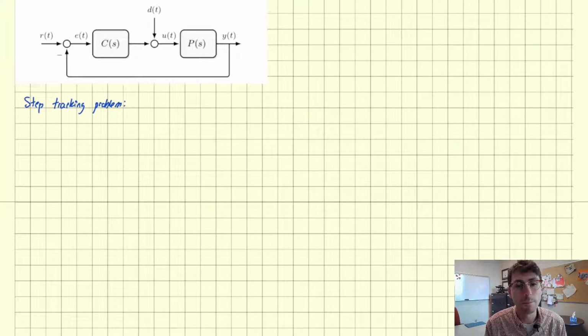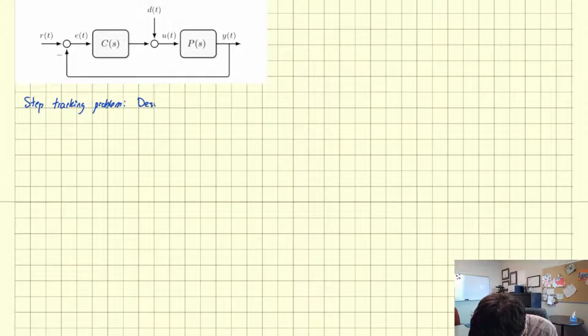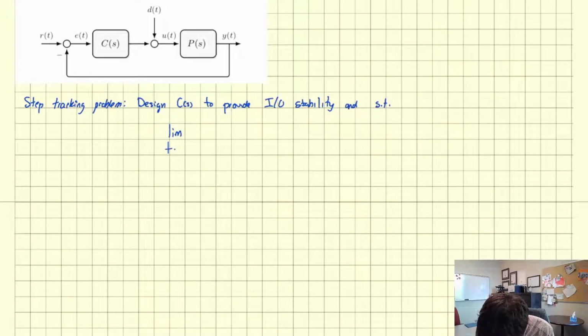Okay, and so that's the problem: to provide I/O stability and such that our tracking error goes to 0 for step inputs.